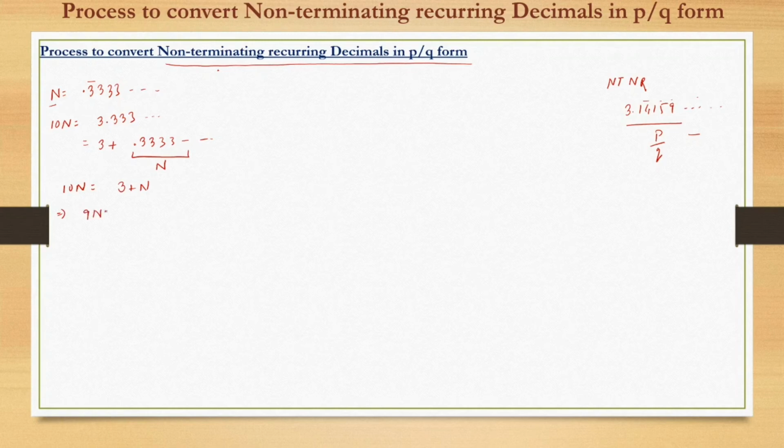So 9n is equal to 3, n is equal to 3 by 9, which is 1 by 3. This way we have been able to convert this recurring non-terminating decimal into a fraction 1 by 3, which is in the form of p by q, and q not equal to 0, and hence this is a rational number.